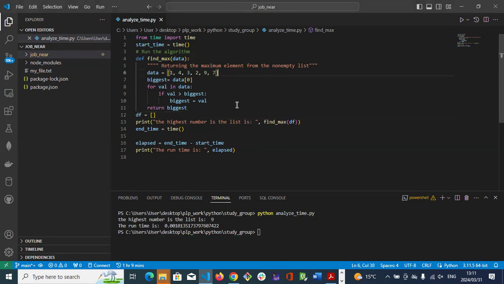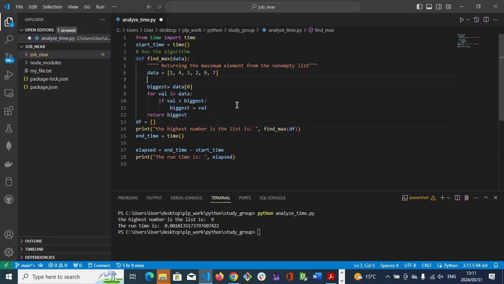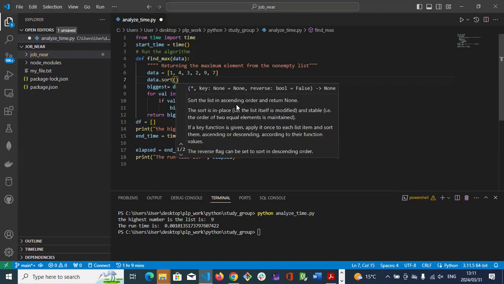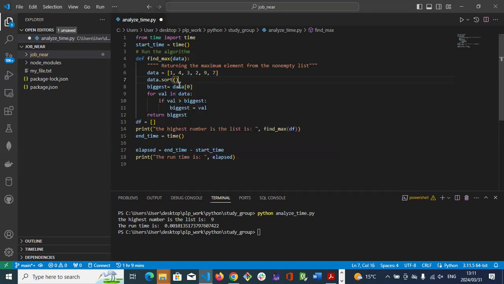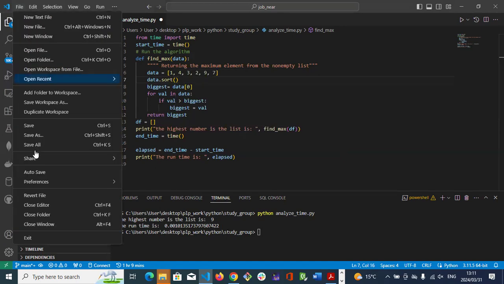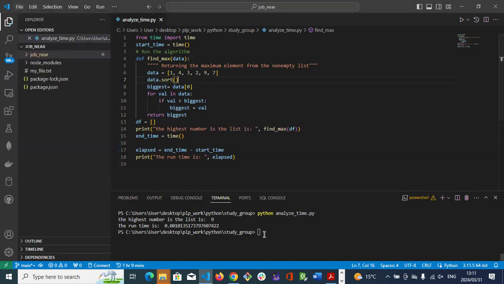Okay, let's see. It runs faster because it's sorted now, it goes straight.